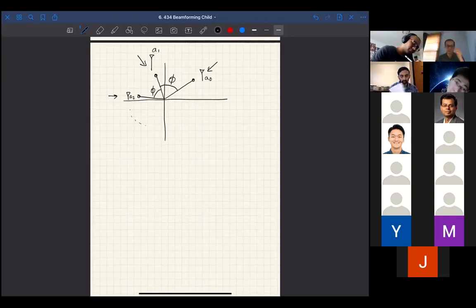Right? So every signal sample that's coming to each antenna is like a vector, and these vectors are shifted by phi relative to A0, 2 phi relative to A0, 3 phi relative to A0, and so forth. Very good. Now, there is another signal that is coming, the second one.